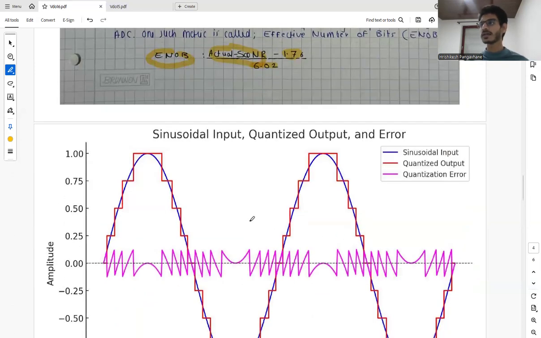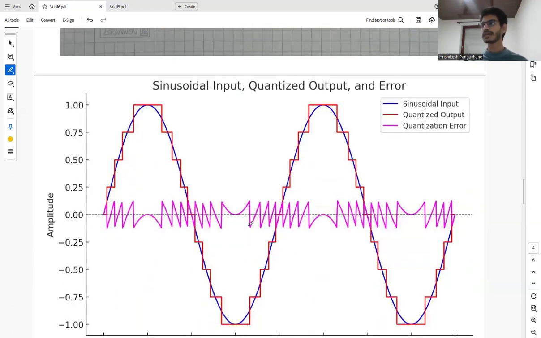Then we can see the plot on the screen where we have a sinusoidal input sequence and a quantized output sequence, and this is the quantization noise or quantization error. We can see that where there is a serious transition in the input sequence, the noise is affected in this manner.